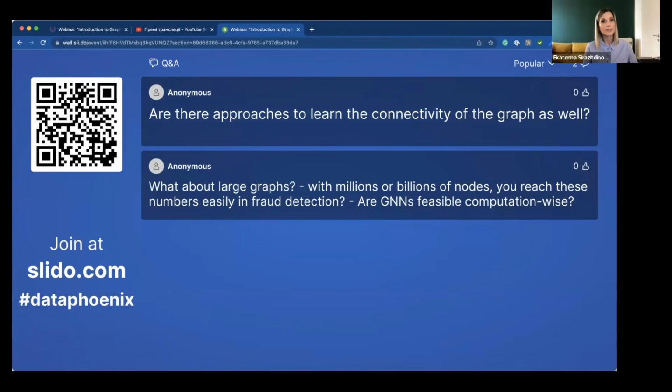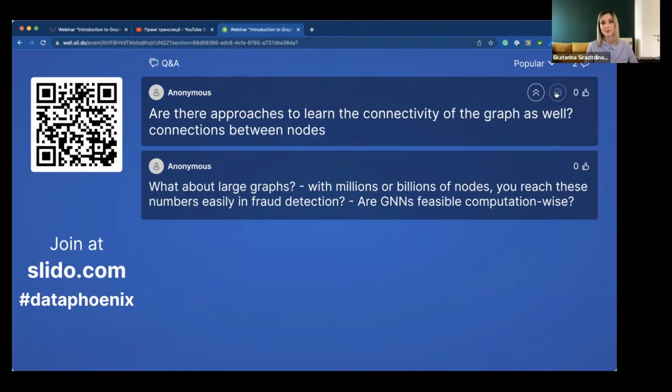By that you mean, is it directional or indirectional, or is there connections between nodes? In both cases, actually, yes. So the example I've shown you is link prediction. Like, for example, when we suggest friends on Facebook or goods to buy, this is the link prediction example. And this is the same. Well, what are you asking?